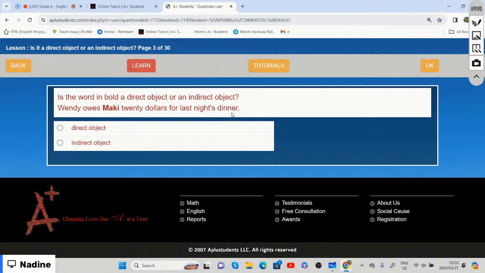An indirect object is when the word, or let's say the noun, is in between the verb as well as a direct object. For example, Wendy owes Maki $20 for last night's dinner. We need to say if the word in bold is a direct object or an indirect object.